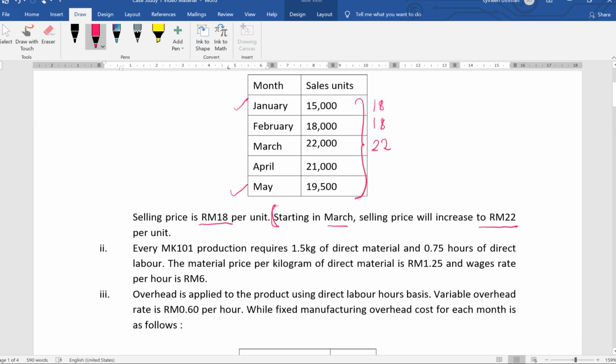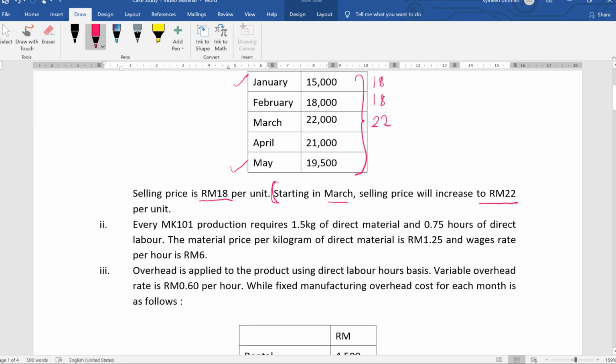Next, number 2. Every MK101 production requires 1.5 kg of direct materials. So 1.5 kg of direct materials is the requirement for one finished good. The labor hours to complete one finished item is 0.75 hours.